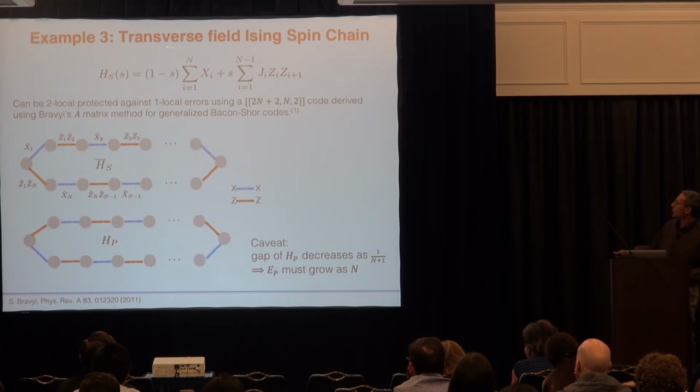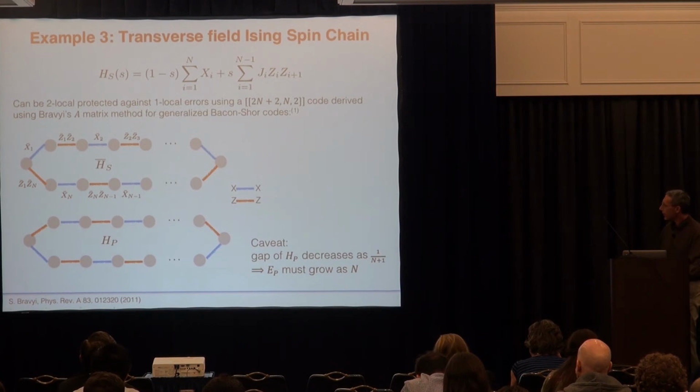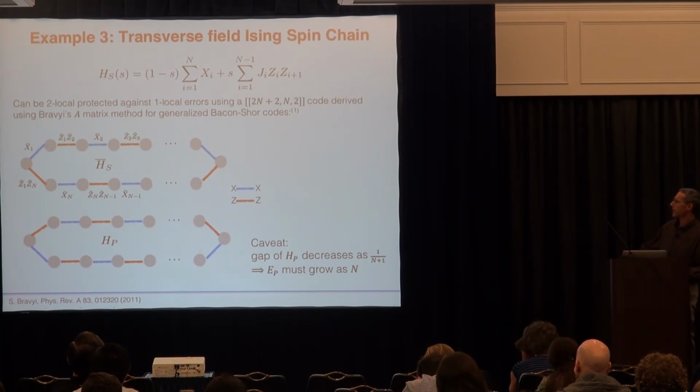We started with a chain of n, and so now we have 2n plus 1 plus another one, so 2n plus 2. It turns out that, for example, logical X is XX here, and logical ZZ is ZZ here, etc. Likewise, the penalty Hamiltonian is simple to construct using only purely two local interactions.